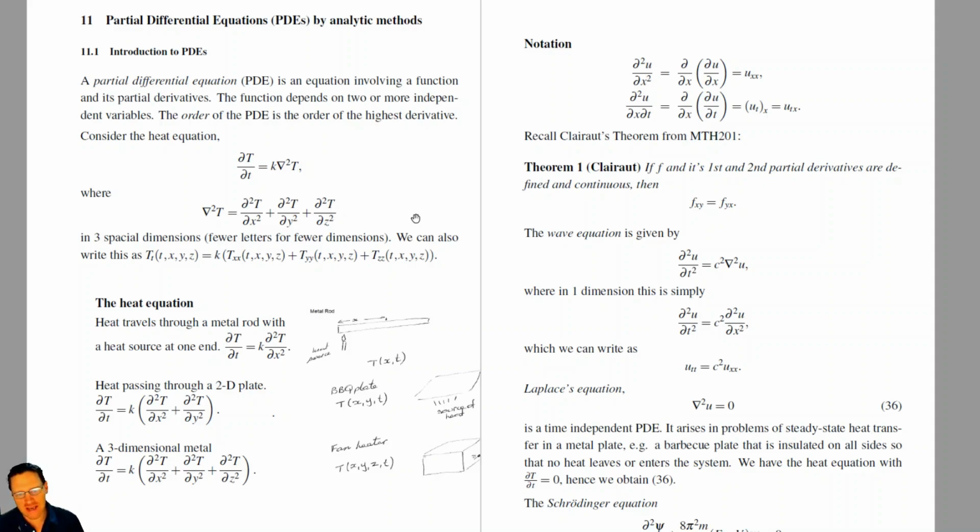So this is an example of the heat equation when you have three spatial dimensions. But of course, you may be looking at a situation in which you only have one or two.